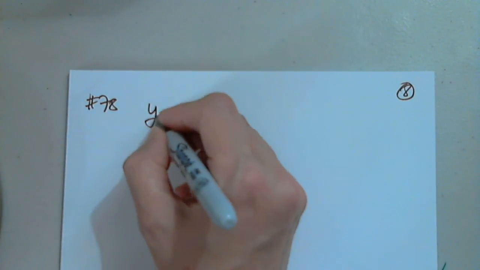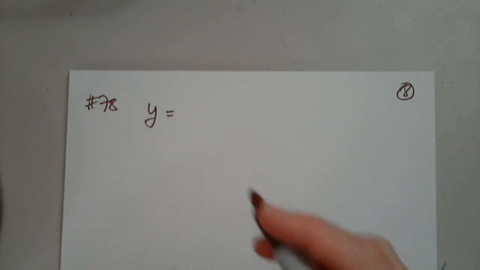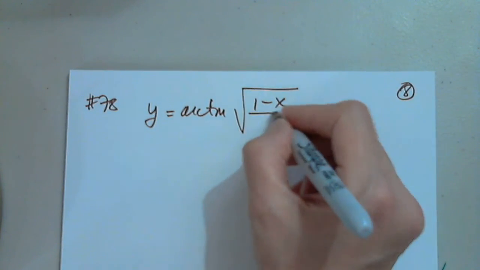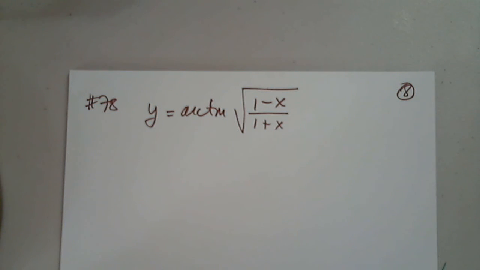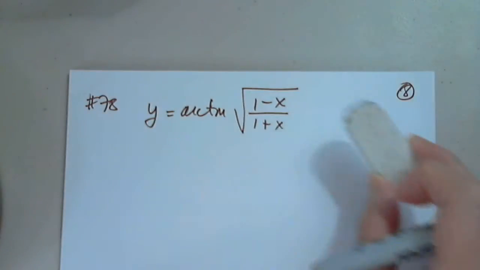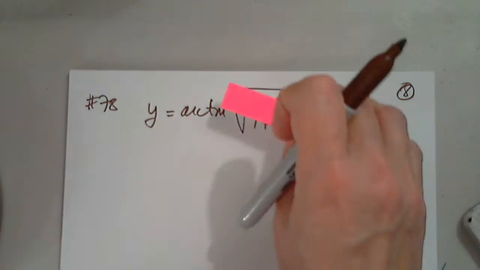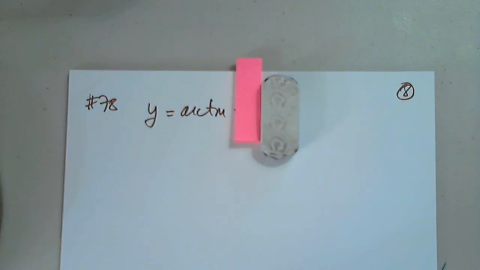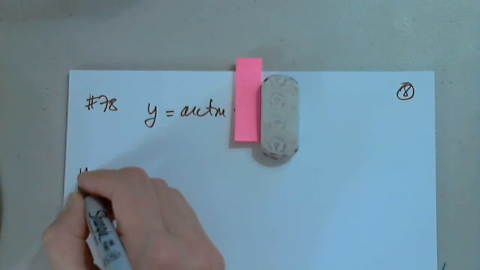So here we have y equals arctangent of the square root of 1 minus x over 1 plus x. Perfect. Okay, so I have to differentiate arctangent.